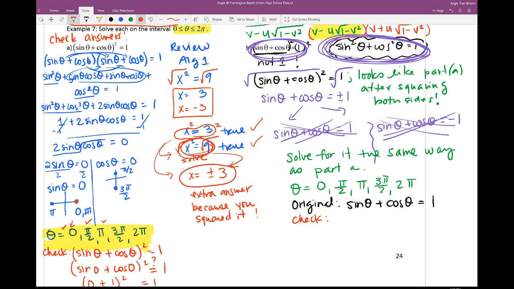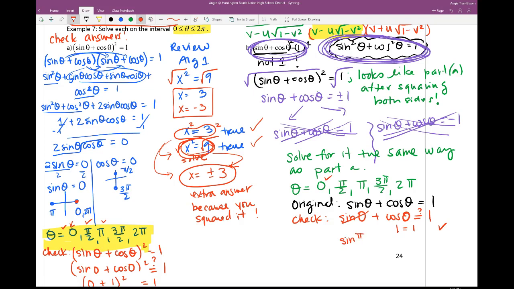So check. When theta is 0, let's plug in: sine of 0 plus cosine of 0, is it equal to 1? Well, sine of 0 is 0, so that goes away. Cosine of 0 is 1, so 1 equals 1. Check, I can keep that one. How about pi over 2?